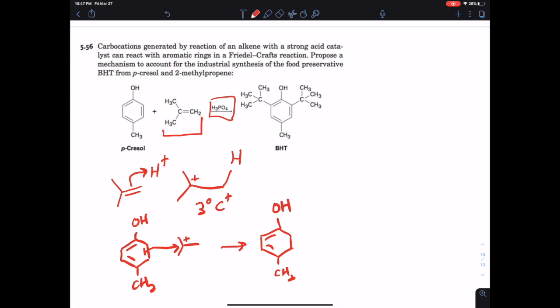And in this case, it would go here and the positive charge would be there. And then the next step in electrophilic aromatic substitution is to remove the hydrogen from this location and reestablish the aromatic ring. So why does it go there? Because this is the stronger activator, and it's an ortho-para director. It's a stronger activator than a methyl group, so it controls where it goes. The para position is already taken up by the methyl group.